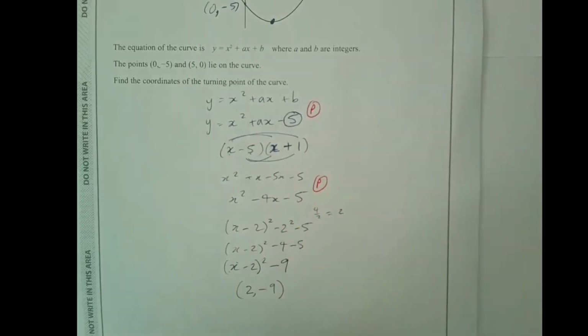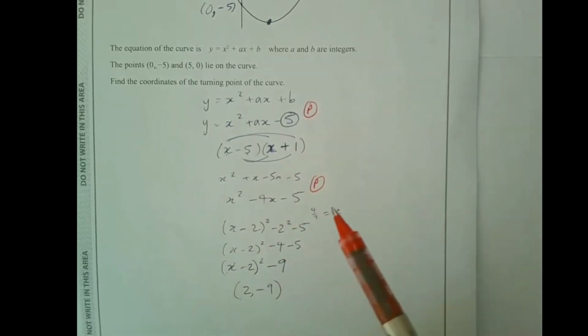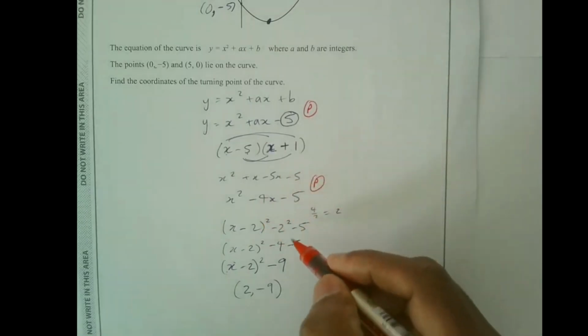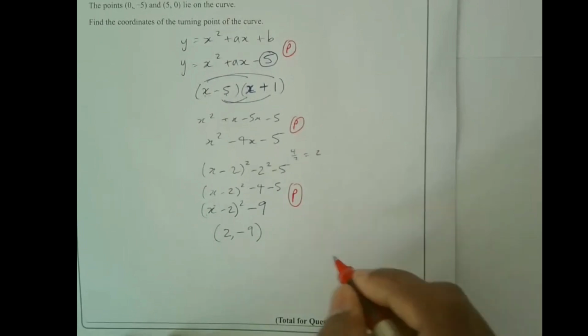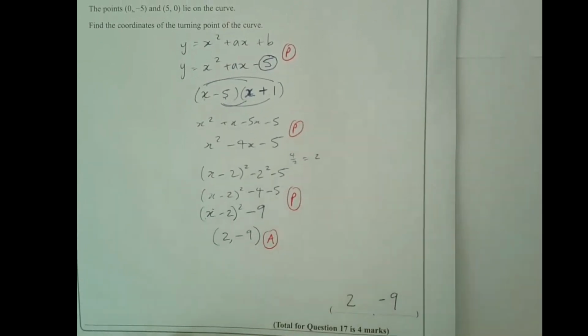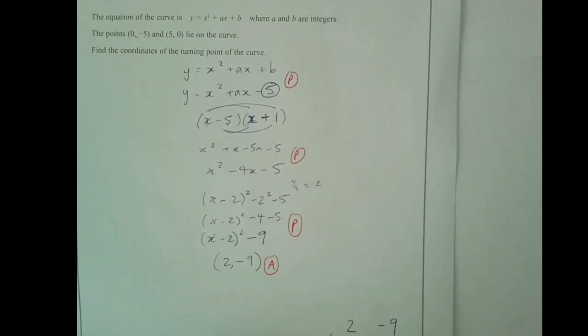That's our second process mark. The third mark is for completing the square, and our last mark is for our final answer. So those are our 4 marks.